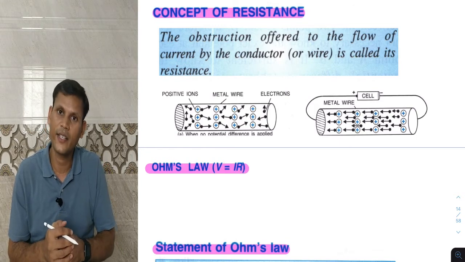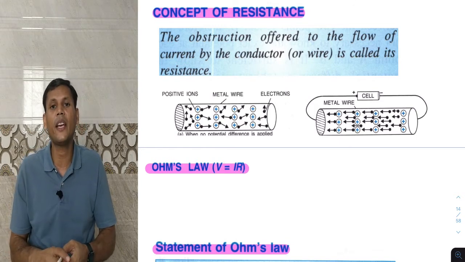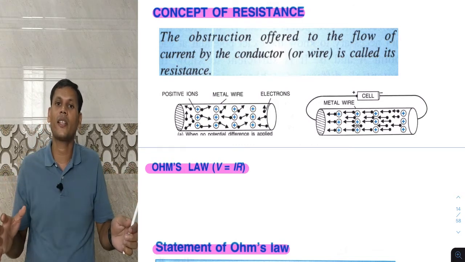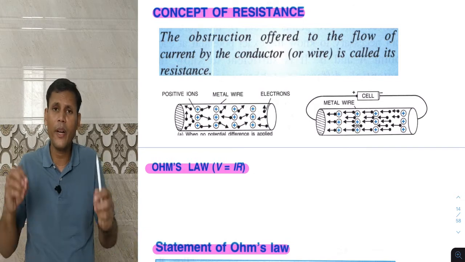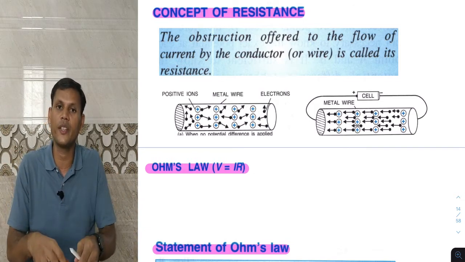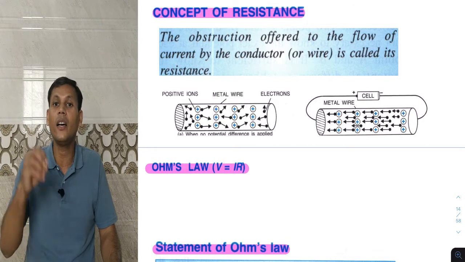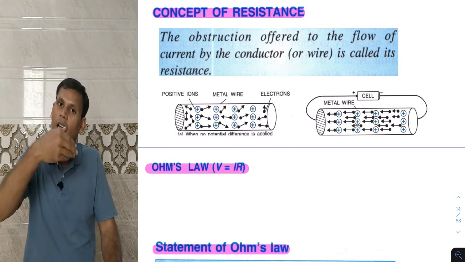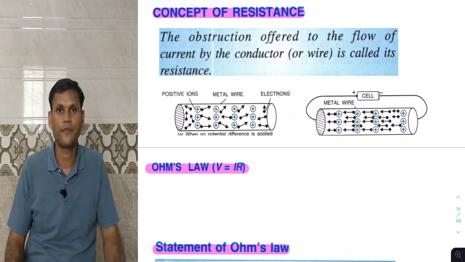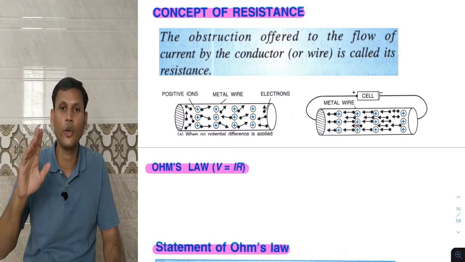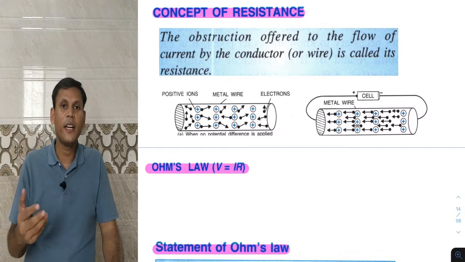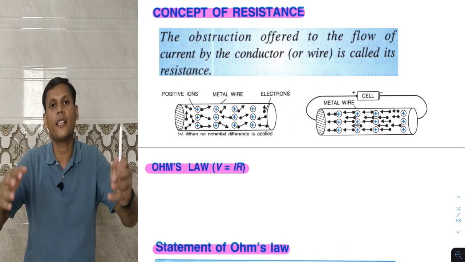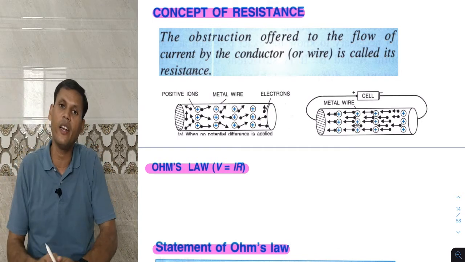A simple example: suppose a classroom is completely filled with students, and there is only a single door, so everybody has to rush through that one outlet. The only way out is that one door. If somebody says, please everybody come out immediately, and everybody starts to come out from that door, what will happen?